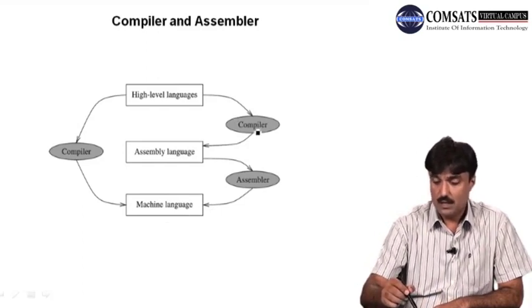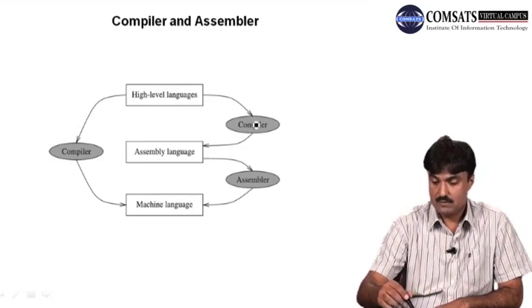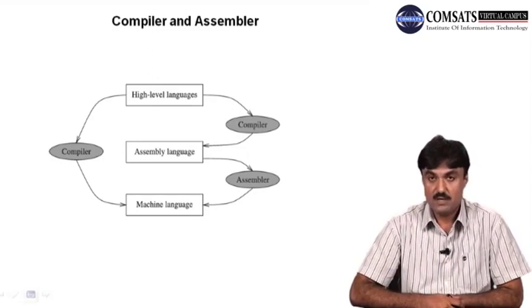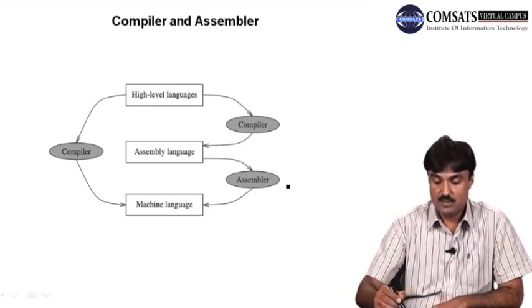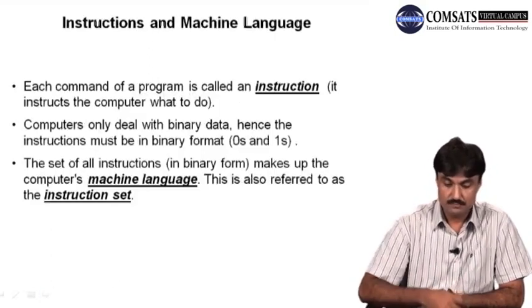On the other hand, programs written in high-level languages are compiled and converted into assembly language, and we need an assembler to convert that assembly language into machine language.